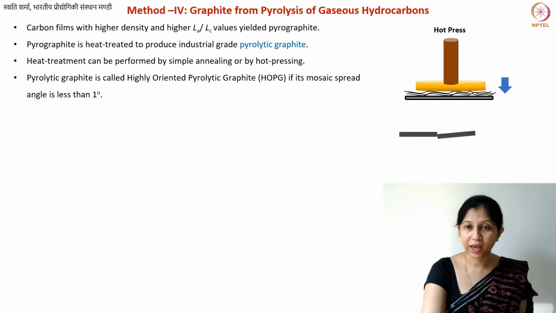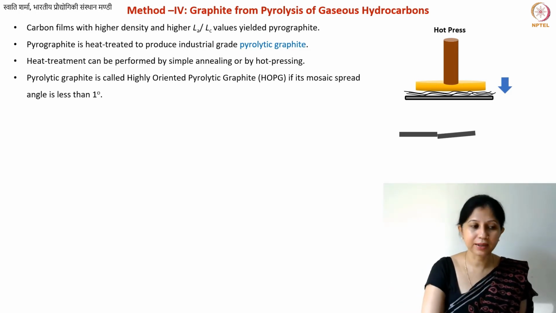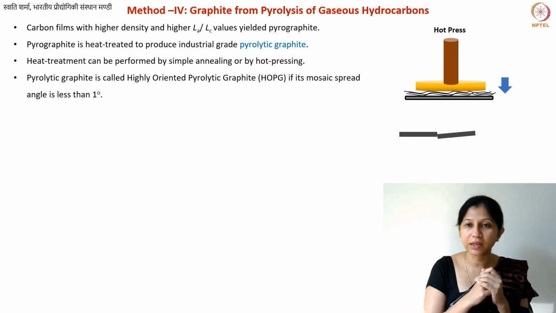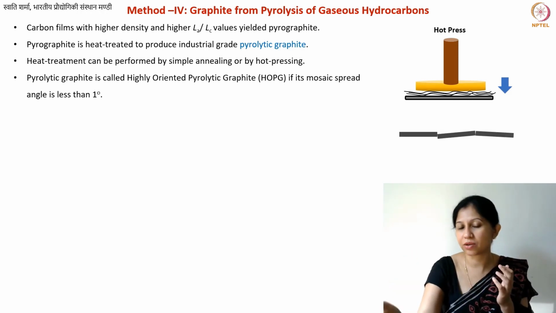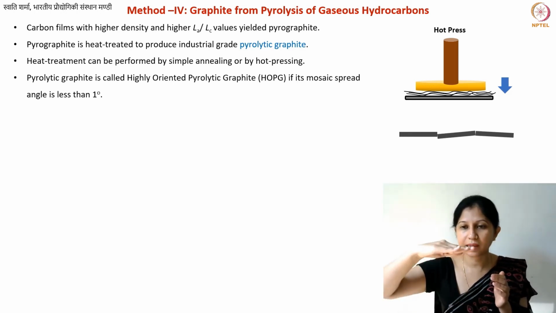So what is this mosaic spread? First of all, this is a polycrystalline graphite material. You will get smaller crystallites. They will organize, but not in a global way; they will be organized locally, like a polycrystalline material. Here I have shown, say, 3 crystals. One is like this, the other is slightly tilted, the other is like that.